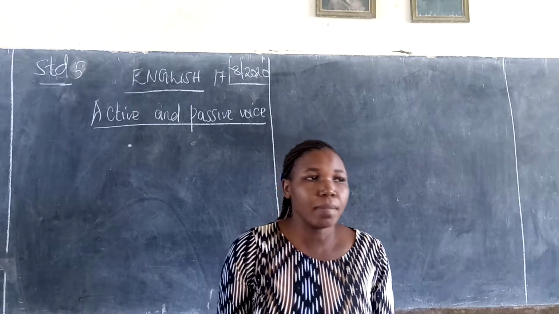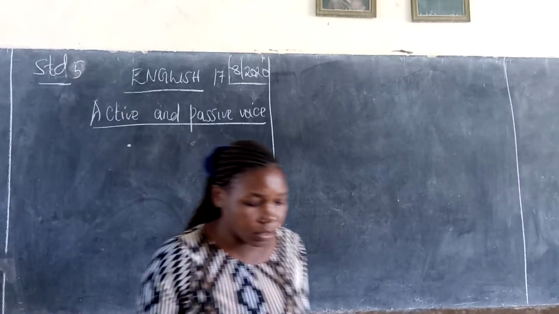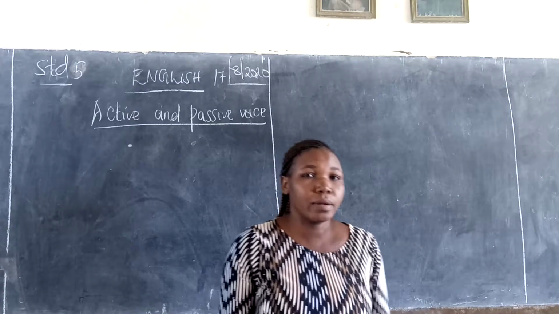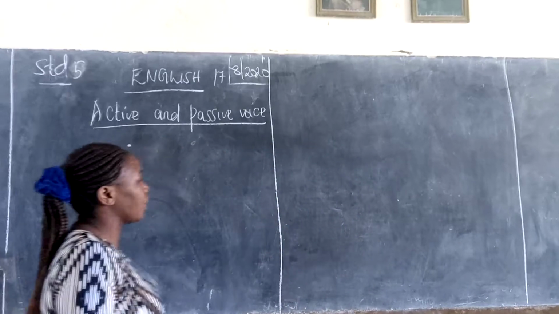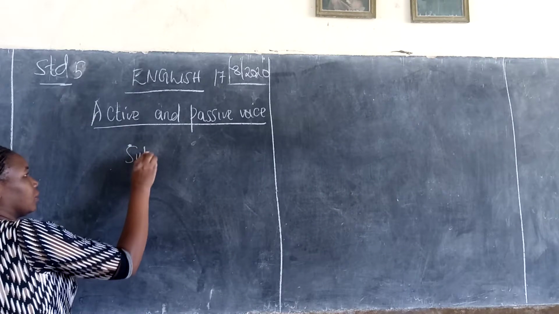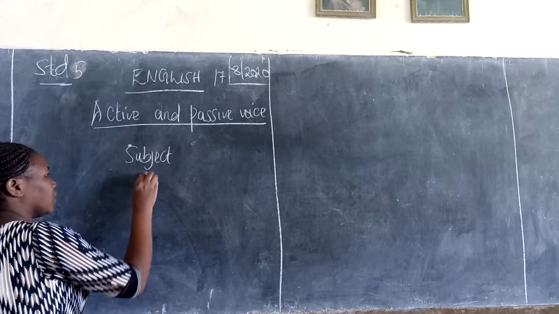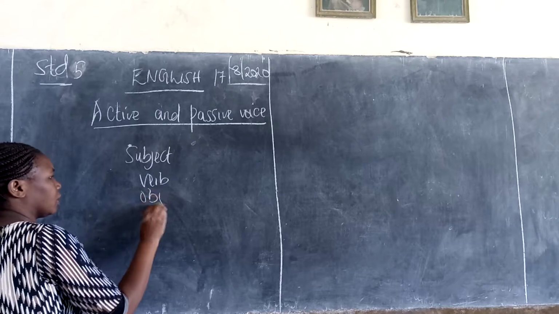We are going to talk about active and passive voice. In our last lesson, we talked about subject, verb, and the object.